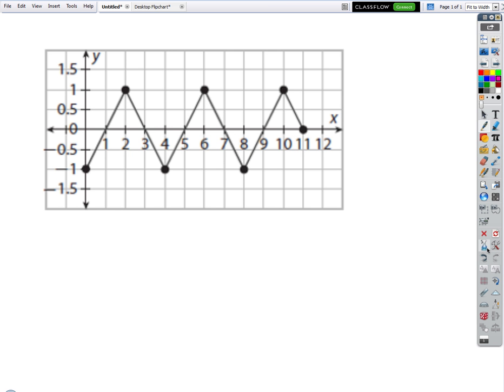If we were to calculate the slope of, let's say, that segment right there, what's the definition of slope? Rise over run, correct? So m equals rise over run. Well, the rise is, in this case, the change in what variable?